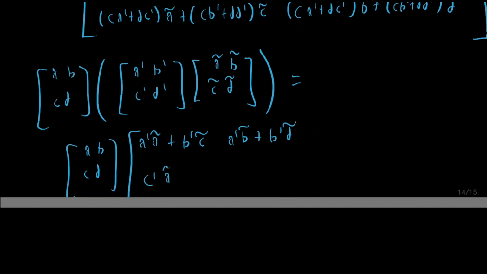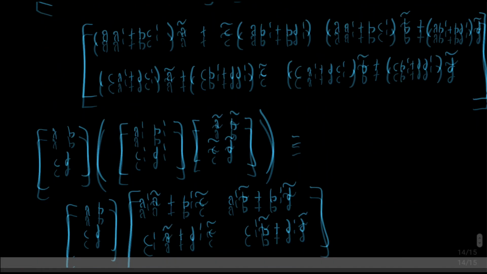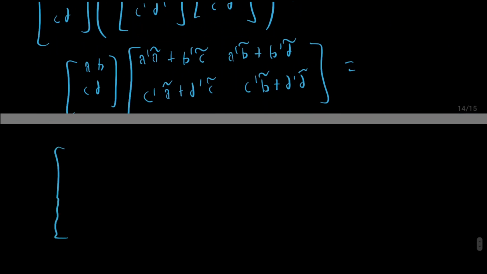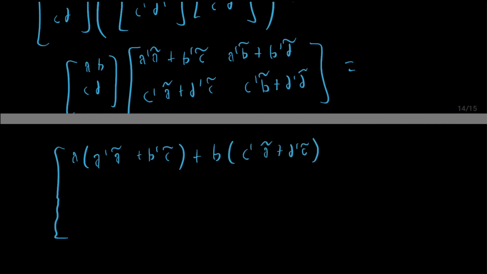Then C prime A tilde plus D prime C tilde. And then C prime B tilde plus D prime D tilde. So this will be the result. And then multiplying again these two matrices, what we get is A times A prime A tilde plus B prime C tilde, plus B times C prime A tilde plus D prime C tilde. Actually, let's skip the calculations and I'll just show the end result so that it's quick.